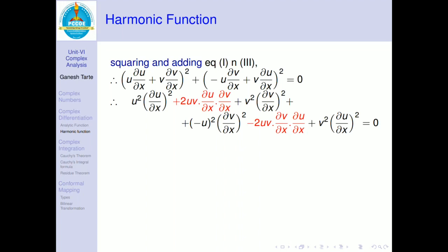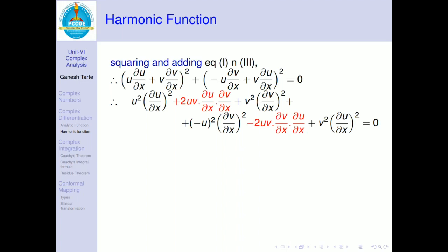After cancelling that term, the remaining terms are u square (∂u/∂x) square plus v square (∂v/∂x) square plus u square (∂v/∂x) square plus v square (∂u/∂x) square equals 0.